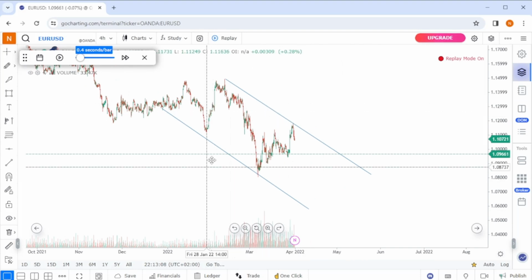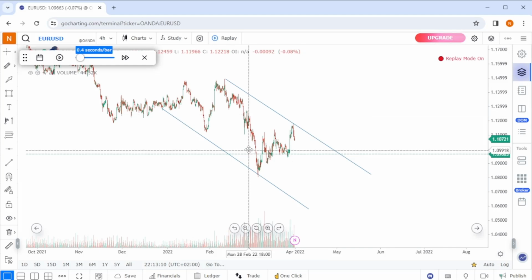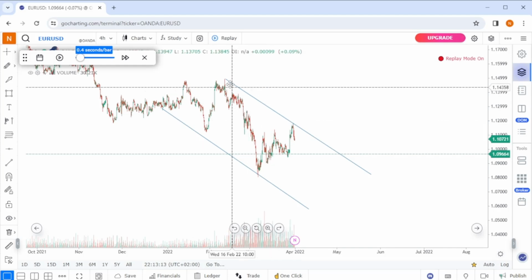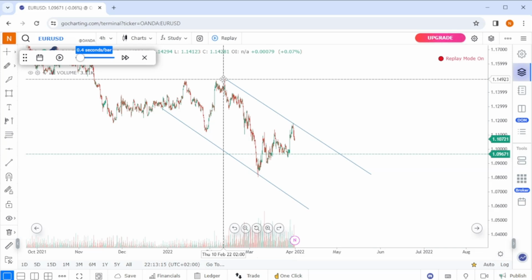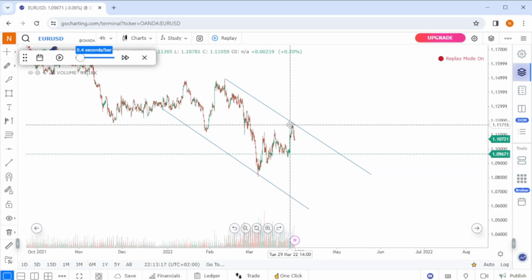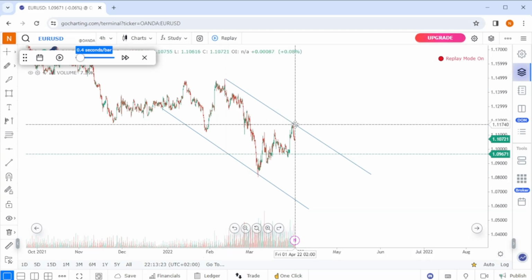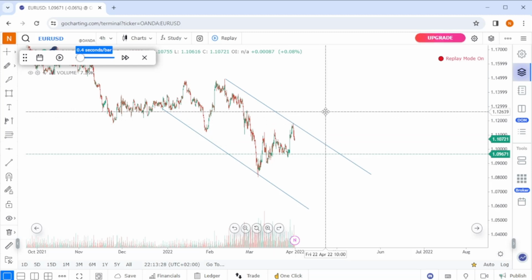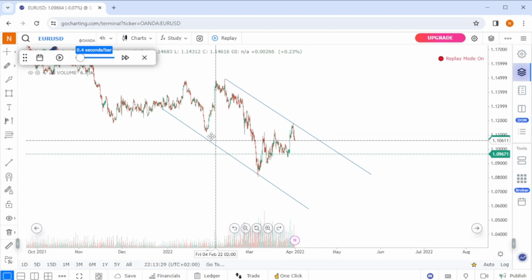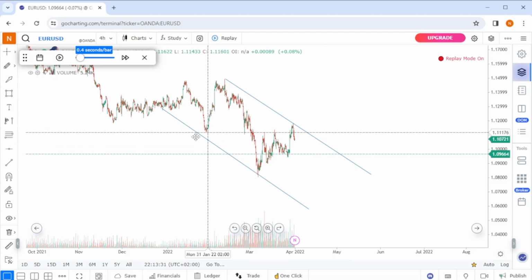The trend lines will be parallel. That's when you know you have a channel. For you to have a channel, price has to at least touch either of the trend lines twice. As you can see, price touched this trend line once, came again, and touched it for the second time.